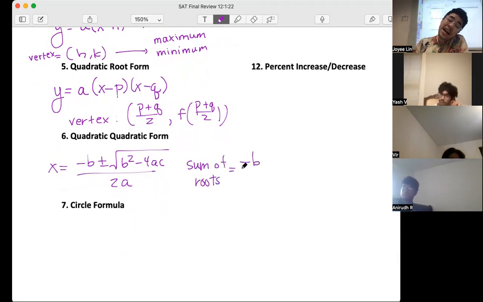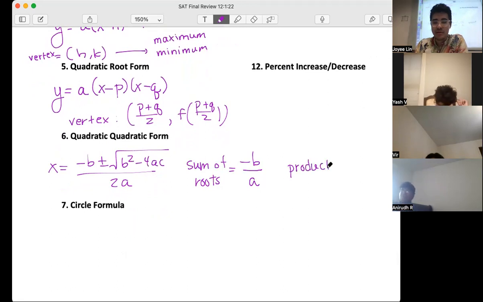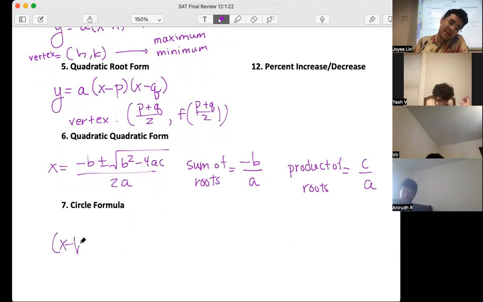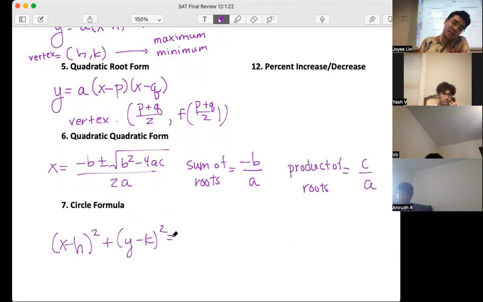Negative b over a, right? Sum of roots, because we add the negative b over 2a. And then bonus for those of you who want product of roots, probably not going to show up, but just for overachievers, it's c over a, product of roots. Circle formula. X minus h squared plus y minus k squared is equal to r squared, right? Based off of the Pythagorean theorem.